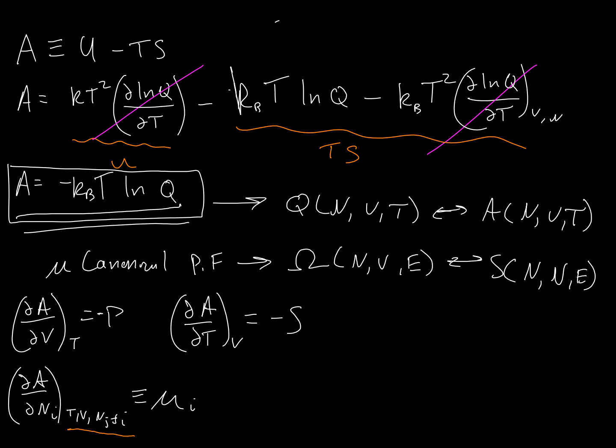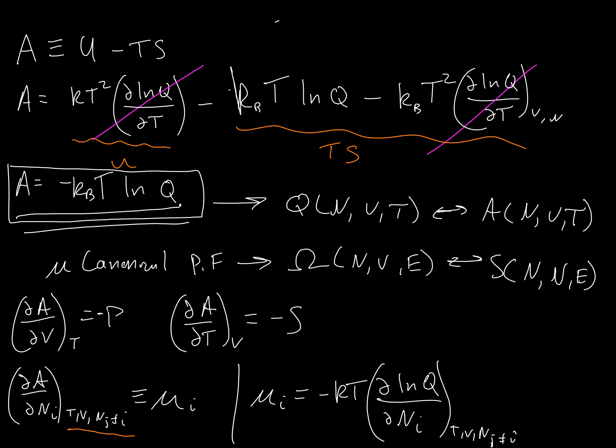We're more used to the chemical potential being related to the partial Gibbs, but we typically do NPT. So in this case, the chemical potential using the canonical partition function is just given by this expression.